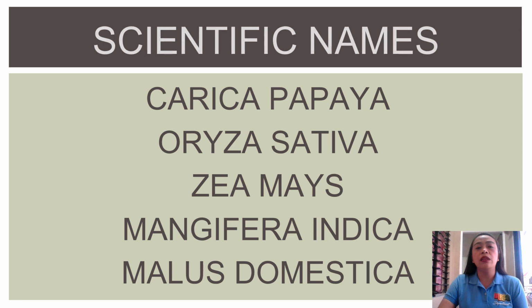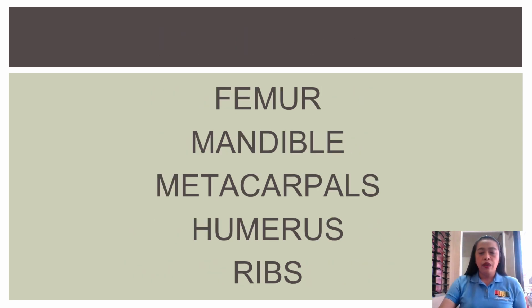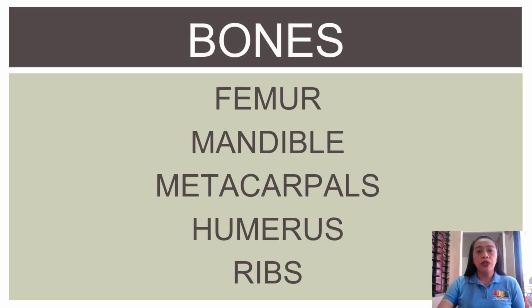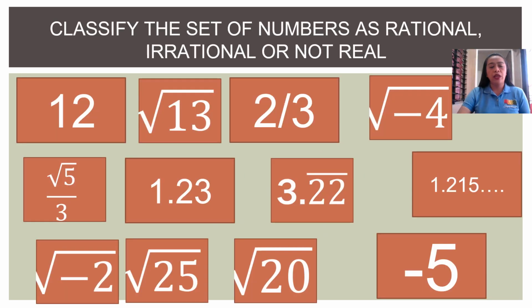Yes, they are scientific names. Very good. Femur, mandible, metacarpals, humerus, and ribs. These are names of the bones or parts of the bones of the body. Very good. Okay, so your scores are already recorded.